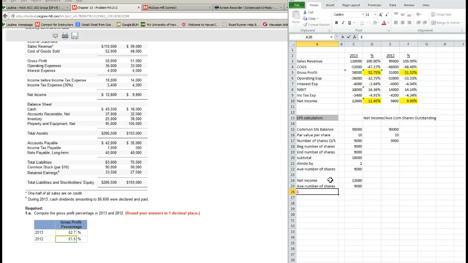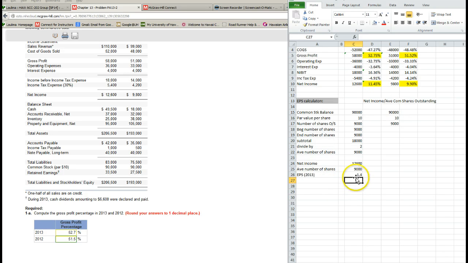and our EPS, or earnings per share, for 2013 should be calculated by, again, taking our net income and dividing by average number of shares outstanding, or 1.4.